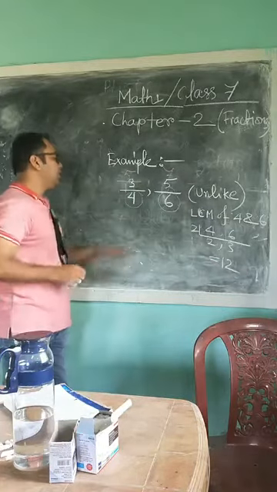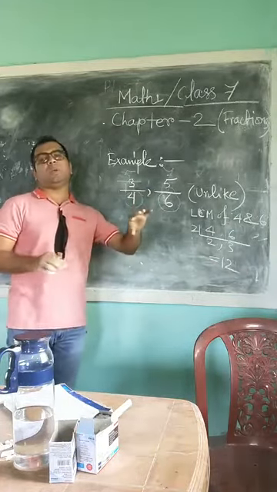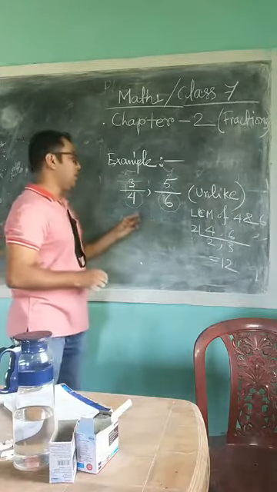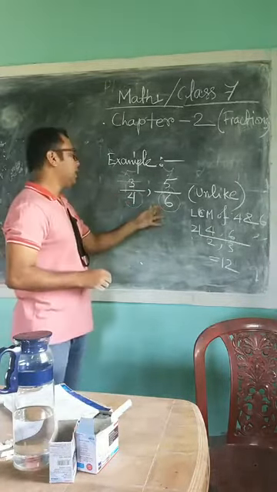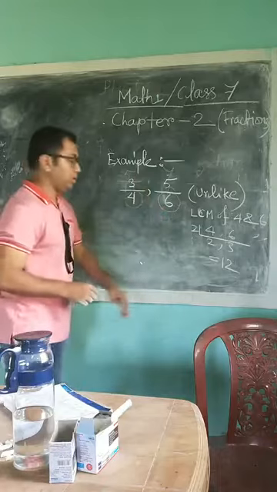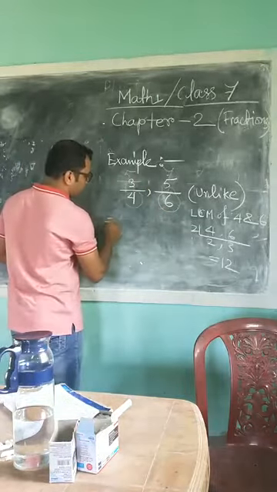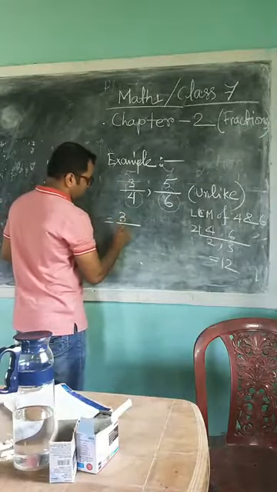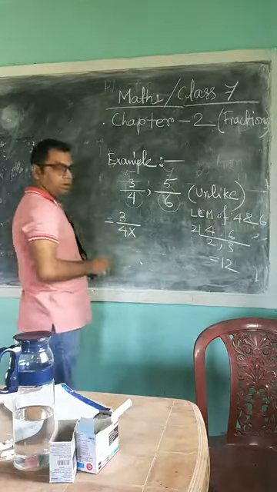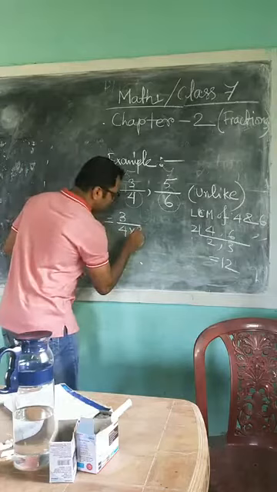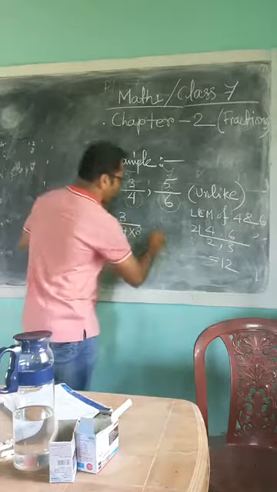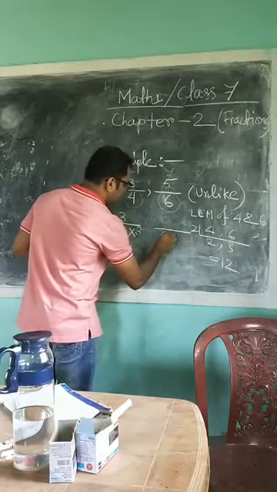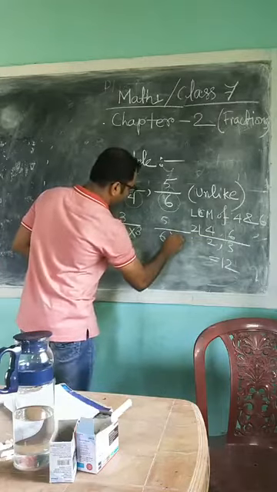So I will make both of the denominators 12. I can turn 4 into 12 and 6 into 12. To make that, we can multiply 4 by 3 and we can multiply 6 by 2.